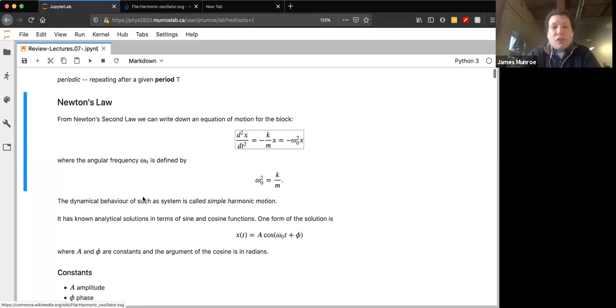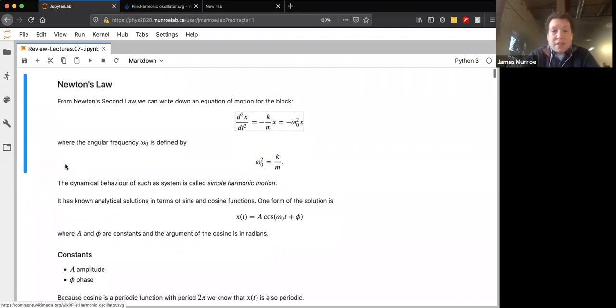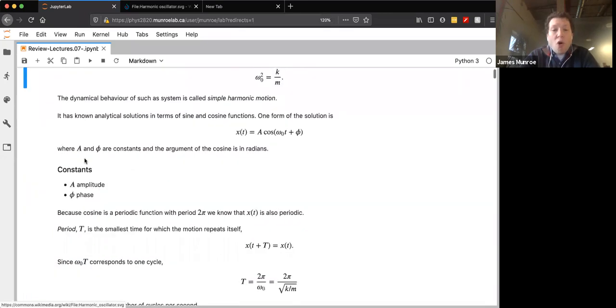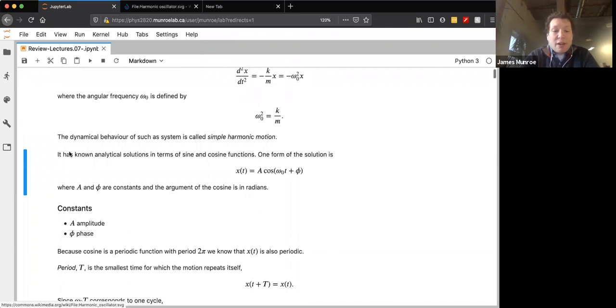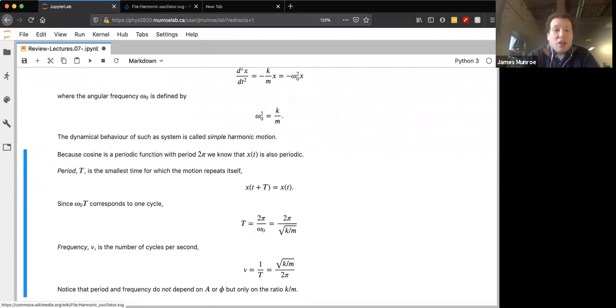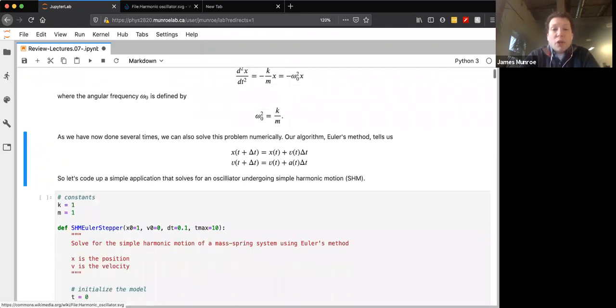Beyond that, this is just a general idea that simple harmonic motion has the structure of something that involves sines and cosines as the answer. All of this stuff, in terms of the details of it, is not really important at all. We can get rid of all this kind of stuff. That's good for theory, but not overly important.